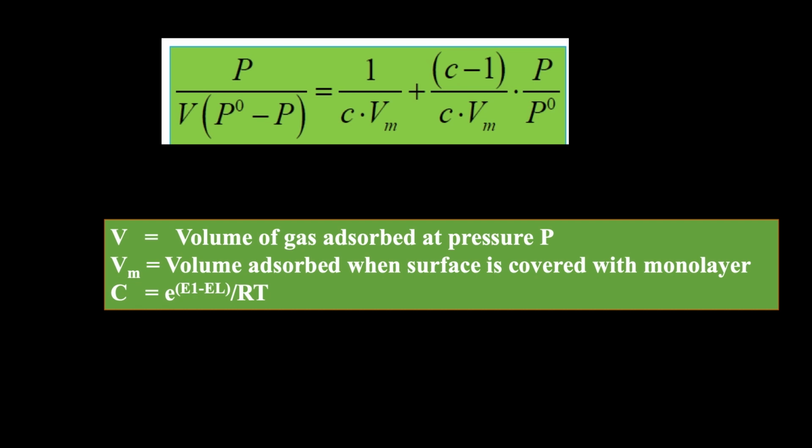C is a constant and its value can be calculated from the equation C is equal to e to the power (E1 minus EL) divided by RT. E1 is the energy of adsorption of the first layer and EL is the energy of liquefaction of the adsorbate.